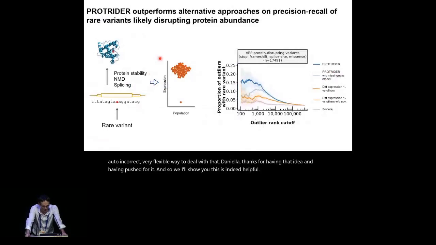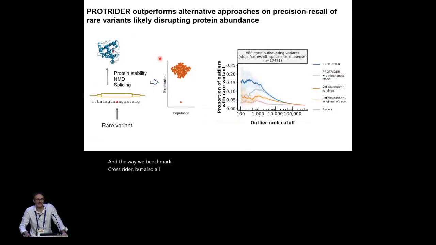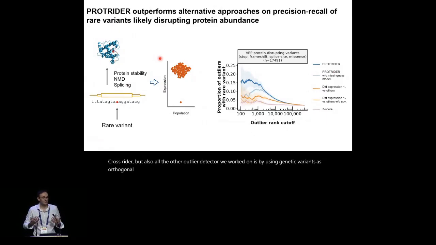And the way we benchmark PartRider, but also all the other outlier detectors we worked on, is by using genetic variants as orthogonal data. So the autoencoder always works on a purely omics data set, in this case, purely proteomics, never been exposed to the DNA of the individuals.